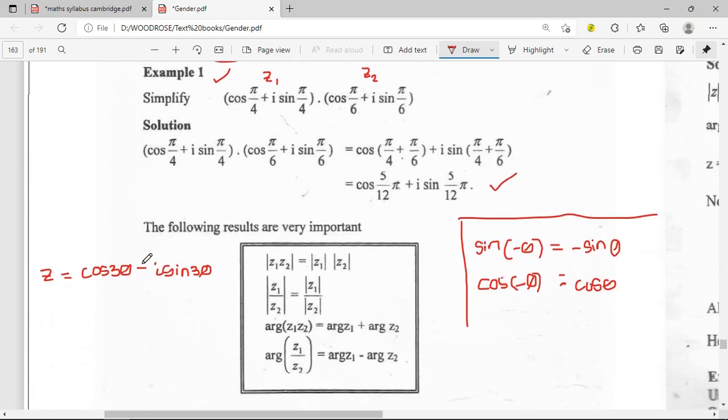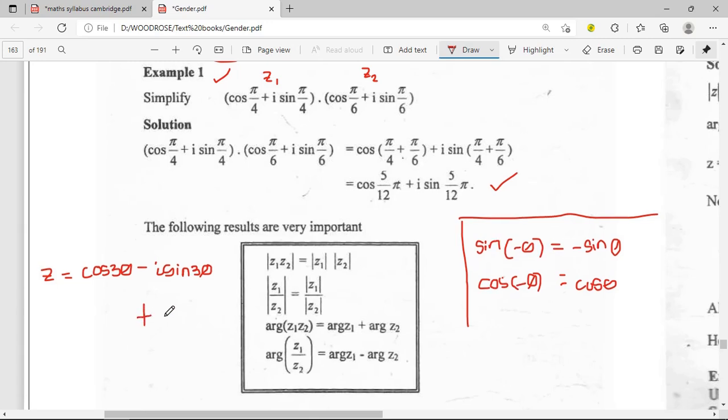So if we remove the negative here, it will be a positive i sine of negative 3 theta. And here it will be cos of negative 3 theta.